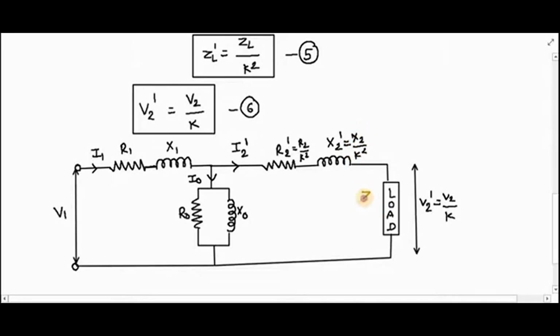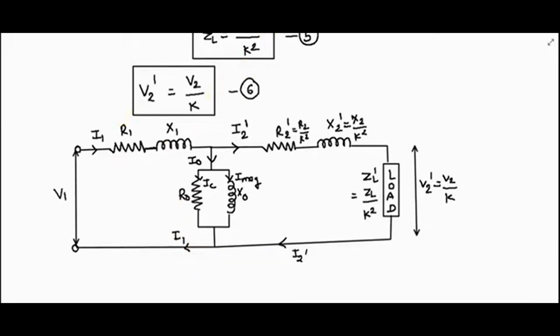Let ZL be the impedance of the load. When it gets transferred to the primary side, it will become equal to ZL upon K square. Current flowing through this R0 is IC. Current flowing through X0 is I magnetizing. This current is I2 dash up to this, and the phasor addition of your I2 dash and I0 is I1.